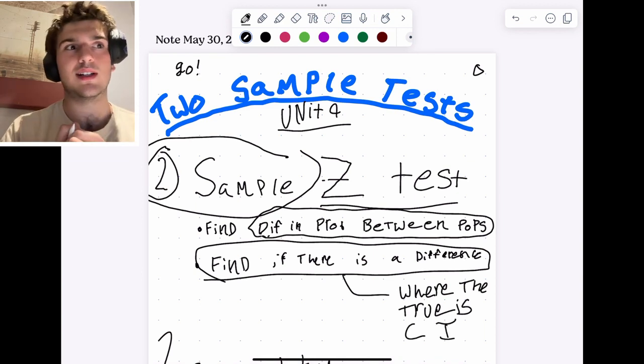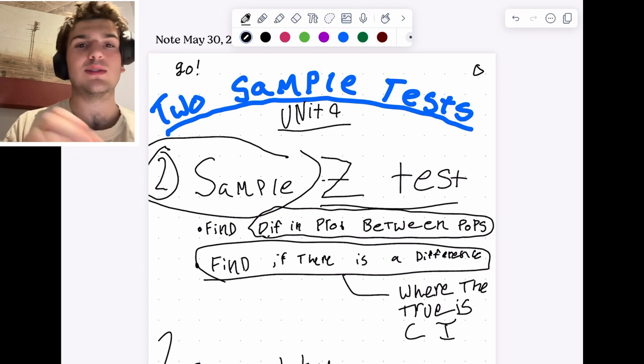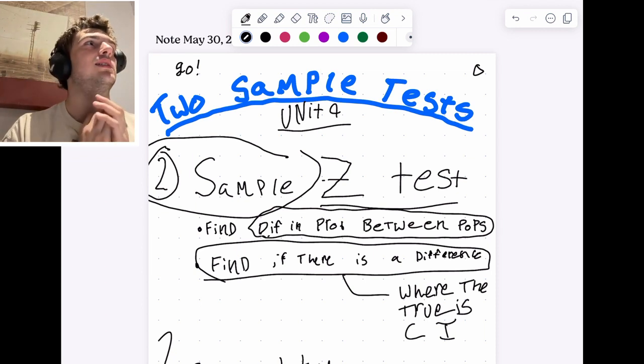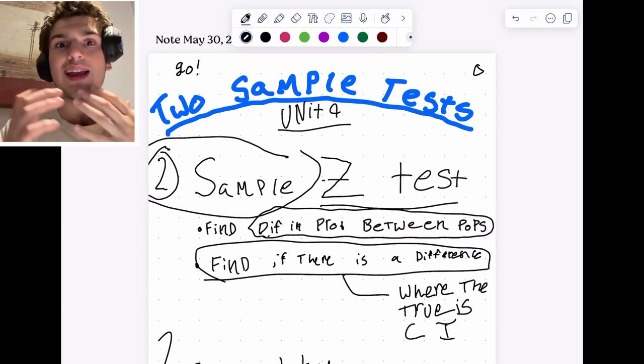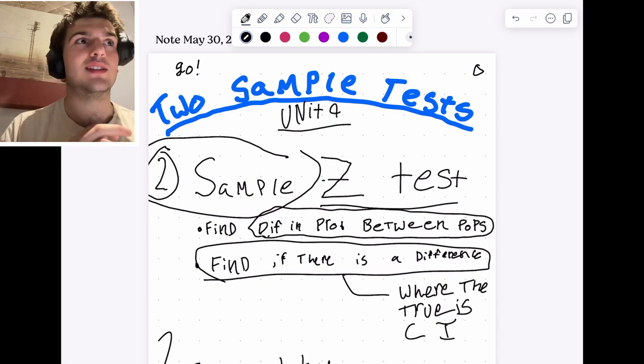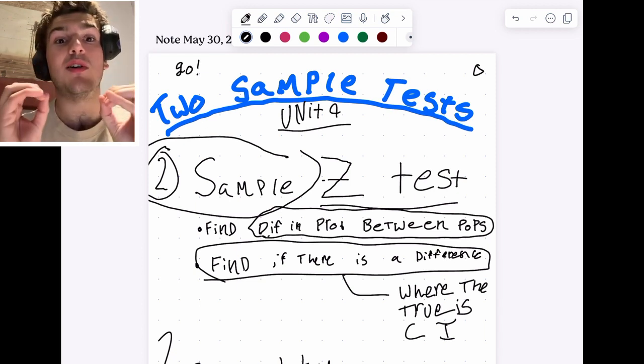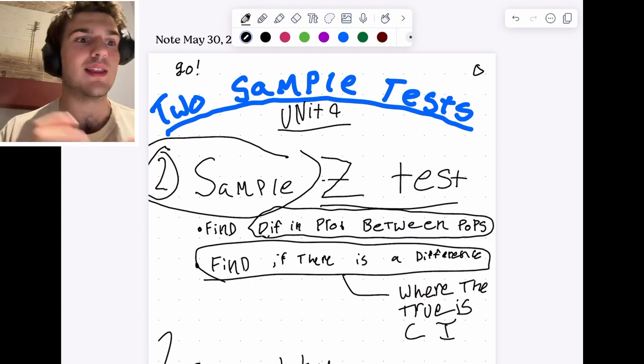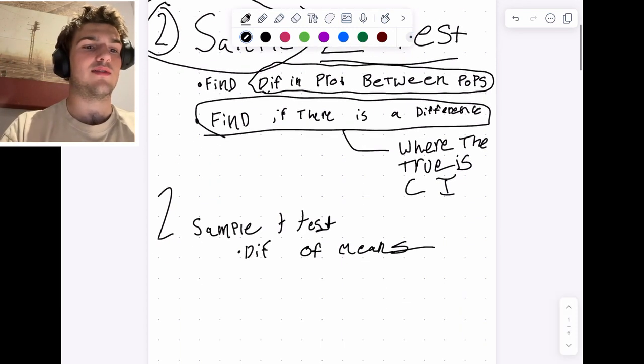And that's what the confidence interval is useful for. So if there's a 0 in a confidence interval, it's like, ooh, we can't say with that amount of confidence that there is a difference, because it could theoretically be 0. It falls within the confines of our confidence interval.